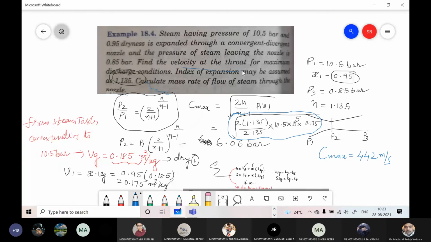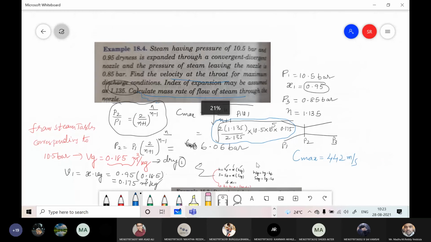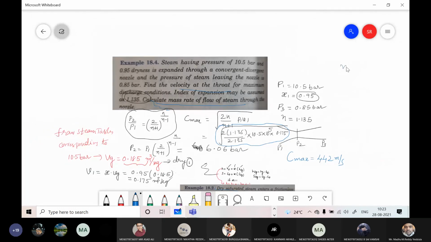Next, what is it asking? Find the velocity at the maximum discharge. Then calculate the mass flow rate of the steam through the nozzle. So we know that mass flow rate is equal to density into area into velocity at outlet condition, rho 2 A2 V2, that is A2 V2 by small v2, where small v2 is the specific volume and A2 is the area.